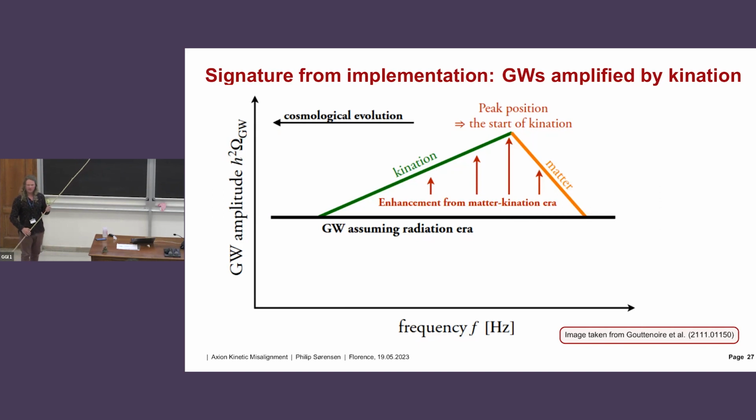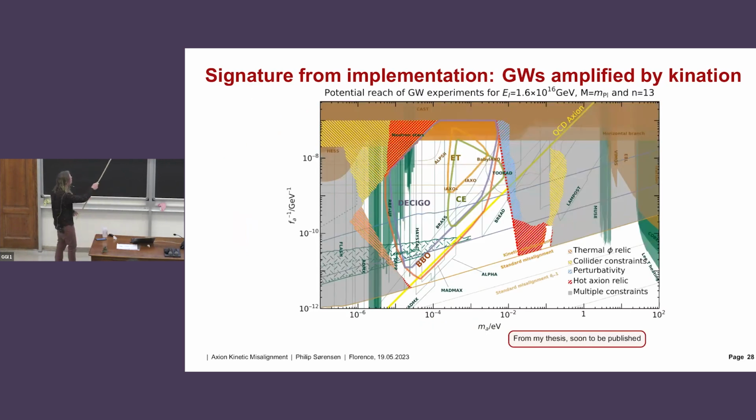Because if you have a period in which this kinetic energy dominates the universe, you can create a peak in the primordial spectrum of gravitational waves. So you could potentially have some regions where you get an observable gravitational wave signal in future observatories. But it should be stressed that this depends sharply on the amplitude of the primordial spectrum, which depends sharply on the inflation scale.